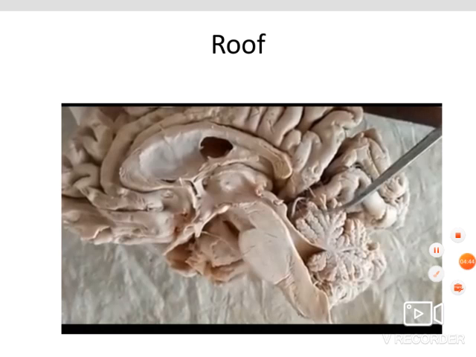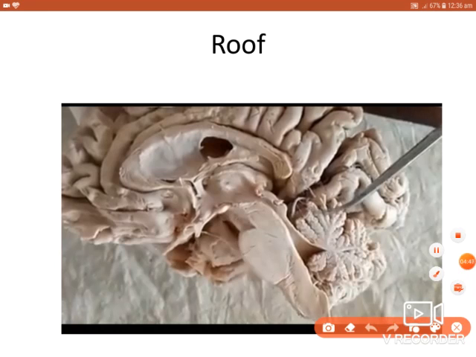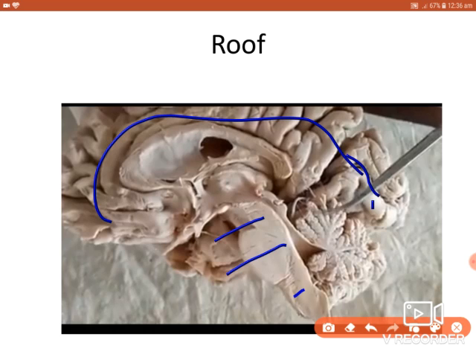Then here in this sagittal view, this I already explained. This is the medial surface of the cerebral hemisphere. You can see here this is the midbrain, pons and the medulla. This is the cerebellum. This is the vermis of this cerebellum. This is the cerebellar hemisphere. The tent shaped cavity here, that is the fourth ventricle.